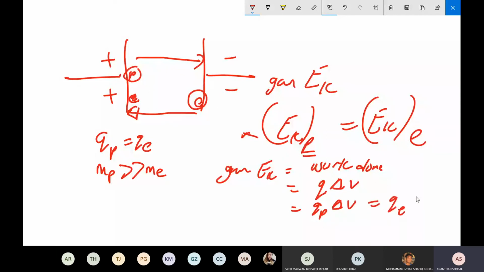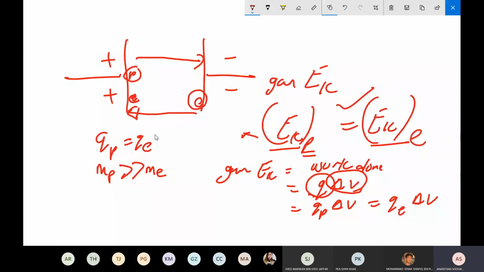Therefore, both will gain the same kinetic energy. Good. The gain in kinetic energy for both bodies is the same because it only depends on the potential difference between the plates and the charge possessed by the body.